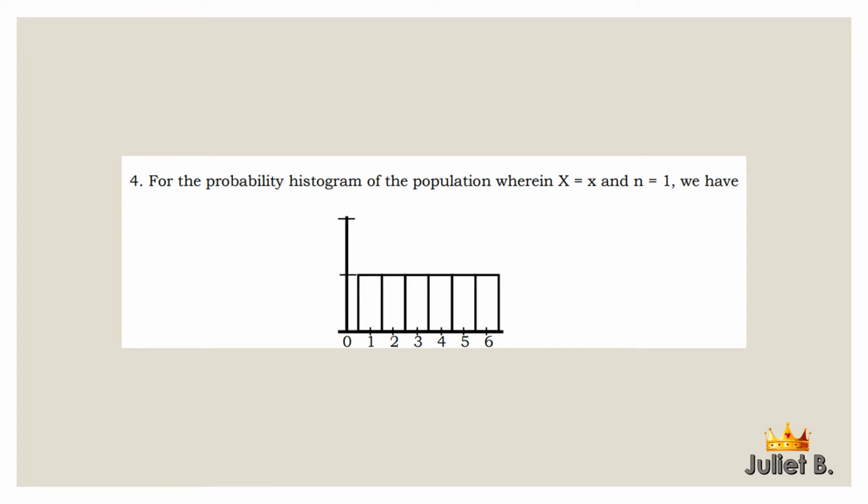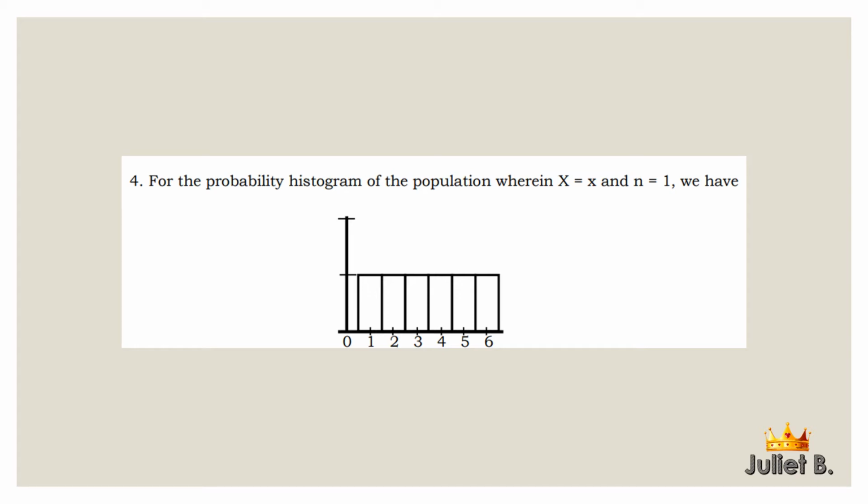In here, as you can see, this is the probability histogram of the population wherein x is equal to x, and the sample size is equal to 1.